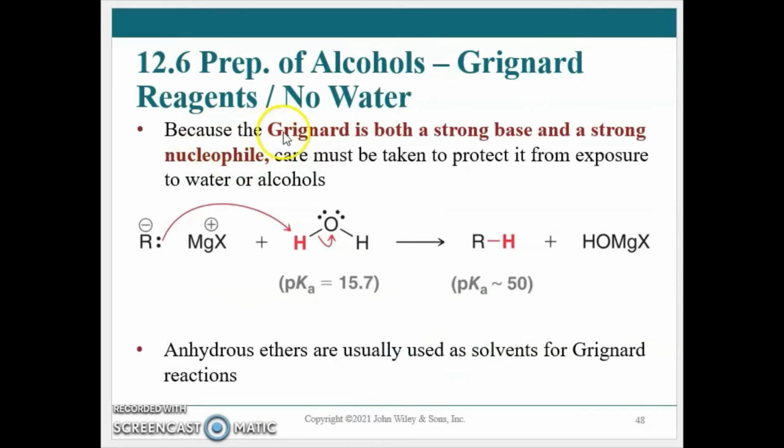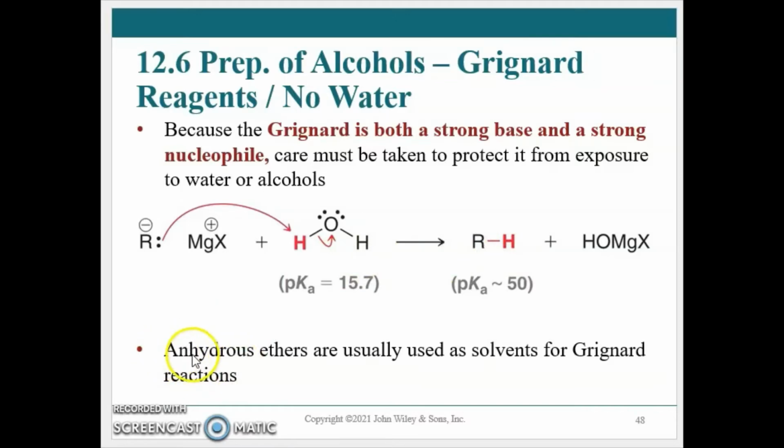So the Grignard reagent as a strong base needs to be protected from exposure to water or alcohols, any protic solvents. If we expose the Grignard reagent to a protic solvent, we're going to form the alkane corresponding to the original alkyl halide, just without the halogen present.